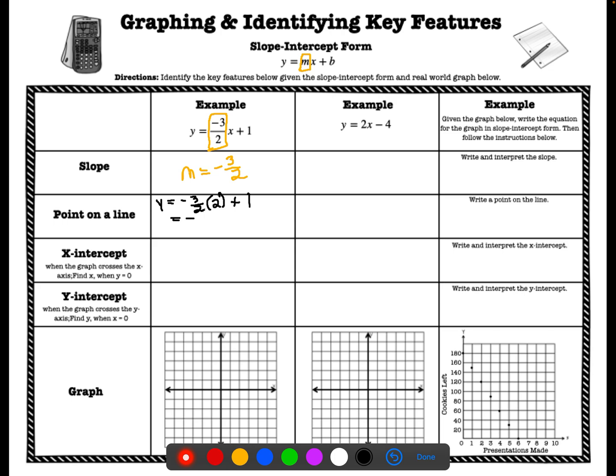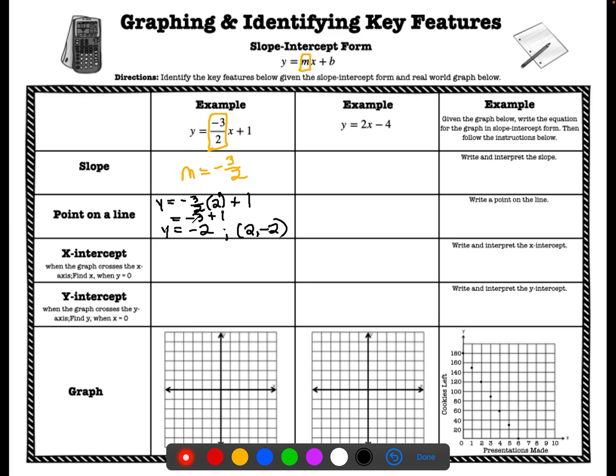And so negative 3 plus 1 gives us negative 2. Therefore, our point on the line, when x is 2, y is negative 2. So the point on the line is (2, negative 2).